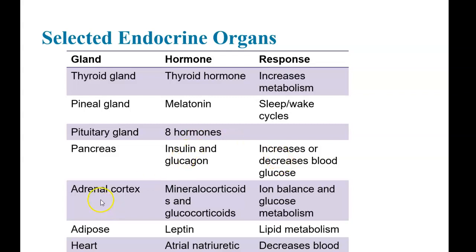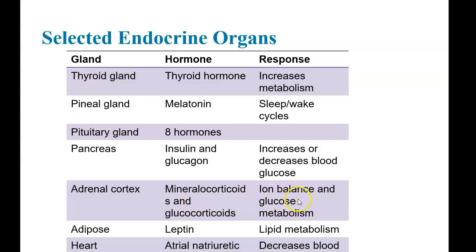Okay. There's the adrenal cortex of the adrenal gland. The adrenal gland has 2 different regions, the adrenal cortex and the adrenal medulla. These specific hormones come from the adrenal cortex, which is the outer part of the adrenal gland. So there's the mineralocorticoids and the glucocorticoids.